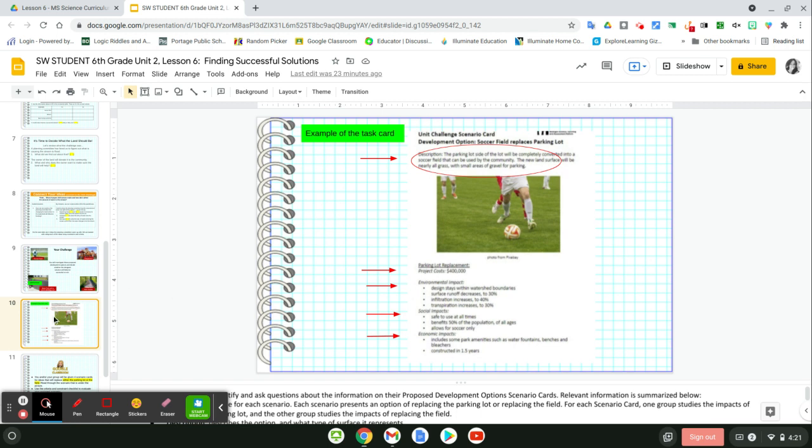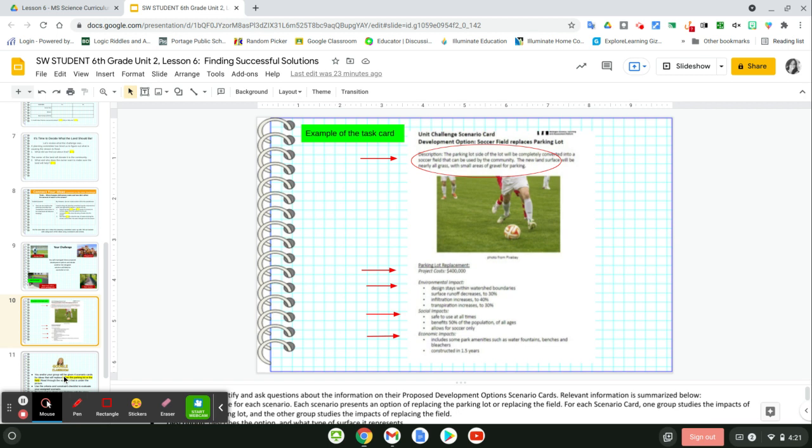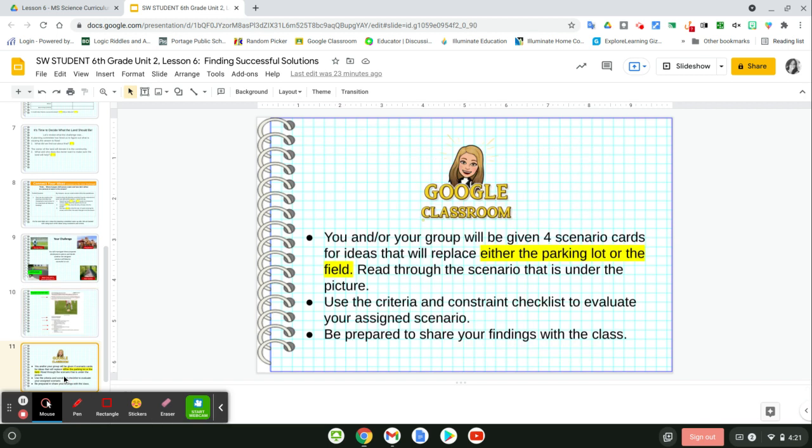Okay, so you don't need to do anything on this slide. On slide 11, we're going to go to Google Classroom. So in your next assignment, you're going to go to Google Classroom and we're going to go through all these four scenario cards for ideas that will either replace the parking lot or the field. So we'll read through each of the scenarios.